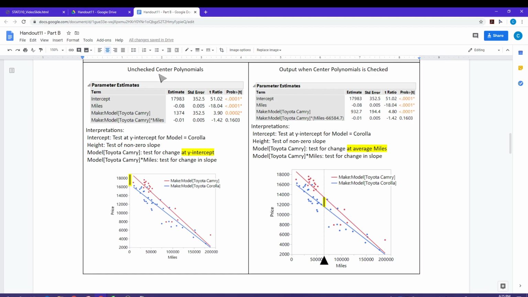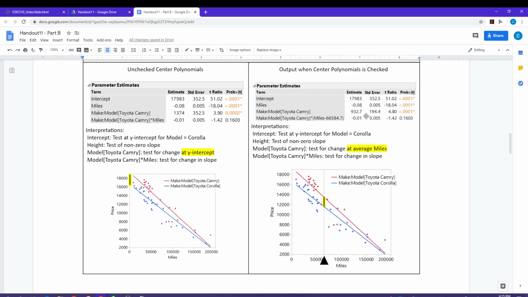What's happening when I uncheck the centered polynomials is that this beta 2 hat term is again the change at the y-intercept. So how much of a difference do I have over here at the y-intercept? About 1,300. On the centered polynomials, that change is for when the miles are at 66,584.